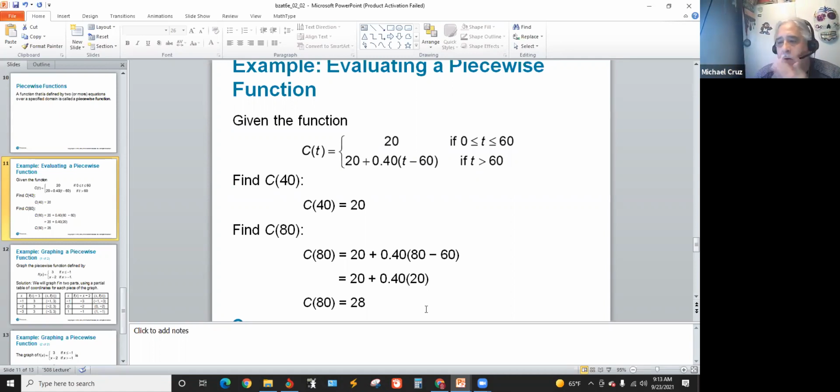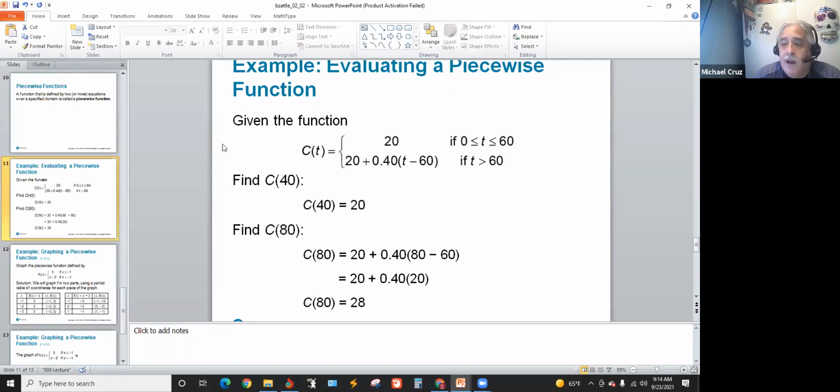All right. So what this means is, if t is time, which I'm pretty sure it is in this case, they don't specify, but it's very similar to what I was talking about, like a taxi cab ride, except it's talking about time and not miles. But anyway, if the value of t, in other words, the input, like your x, is between 0 and 60, and notice that it includes the endpoints, then the flat rate is going to be 20, or the functional value will be 20.